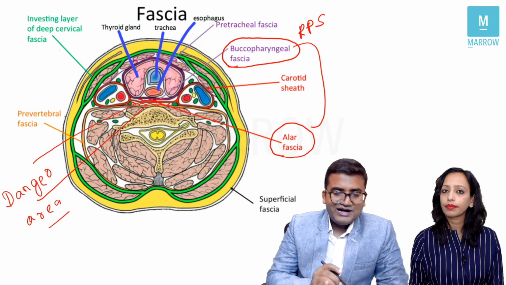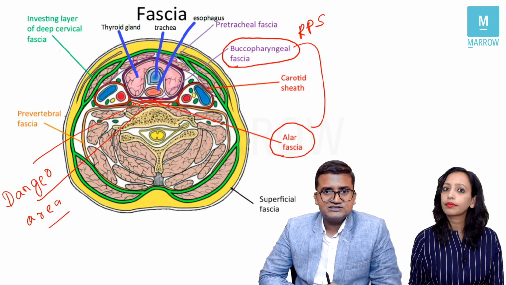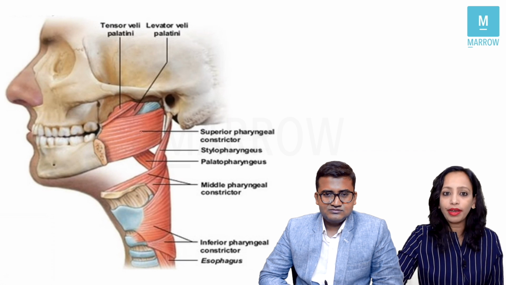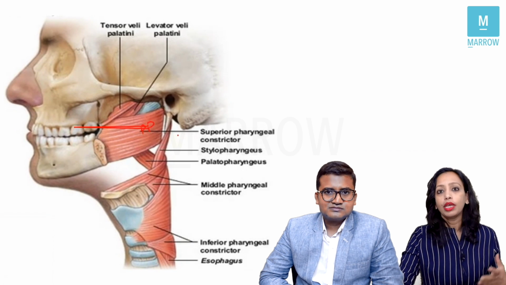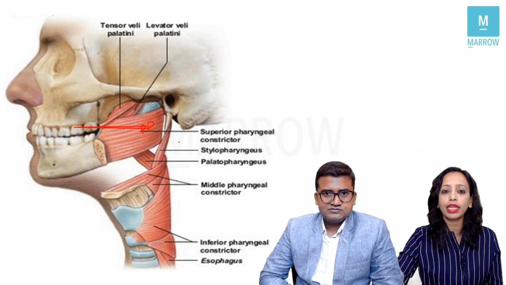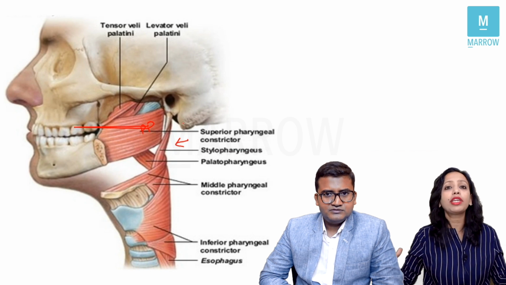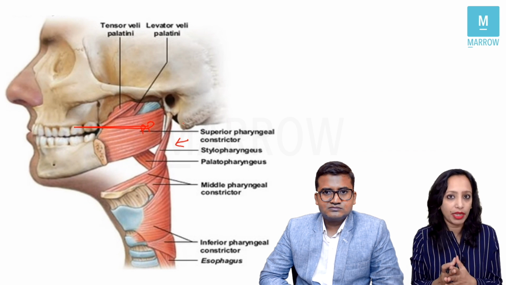So ma'am, do we have any connection between the parapharyngeal space and the retropharyngeal space? So sir, we just saw here that this is the parapharyngeal space, and just behind the pharyngeal wall, just behind the buccopharyngeal fascia, which covers all the muscles, we have this area. This is the retropharyngeal space. So there is no differentiation. There is nothing that separates the parapharyngeal space from the retropharyngeal space.